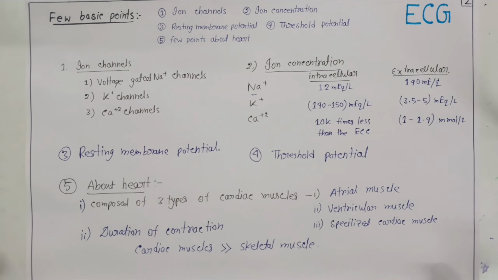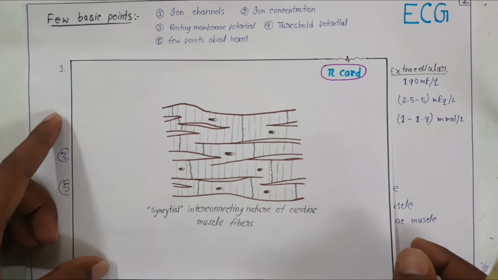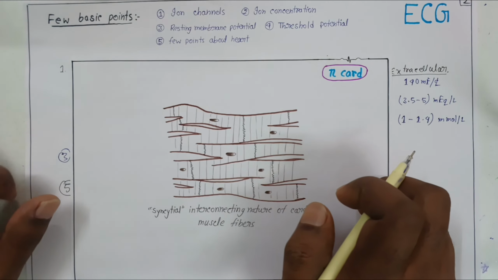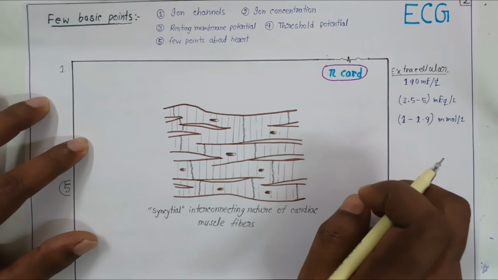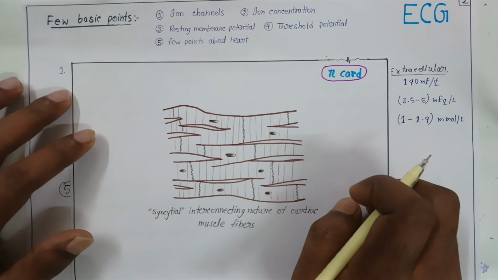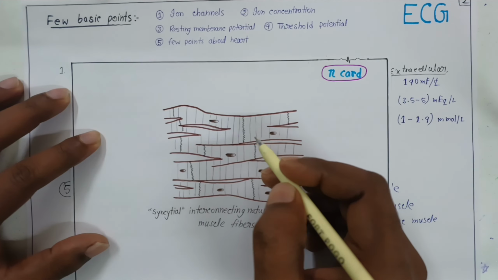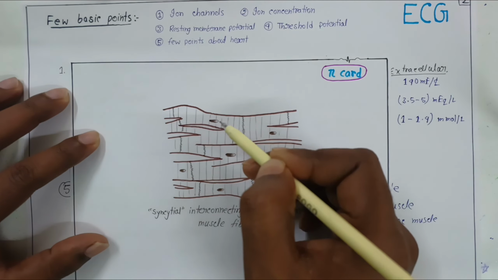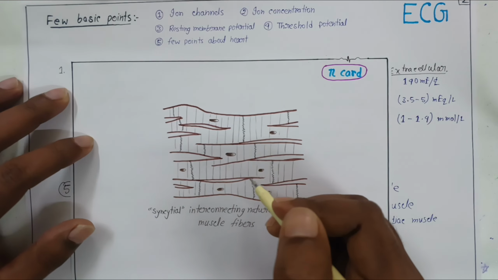Okay, now let's see the cardiac muscle cells. So I have already drawn it here. This is what cardiac muscle cells look like. This dark area crossing these cardiac muscles is called intercalated discs.